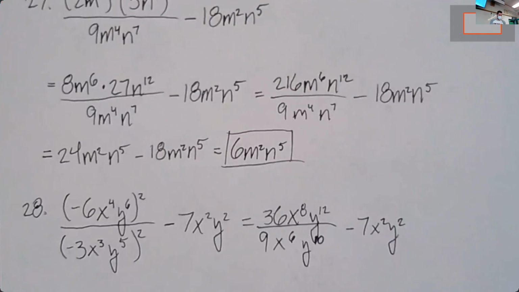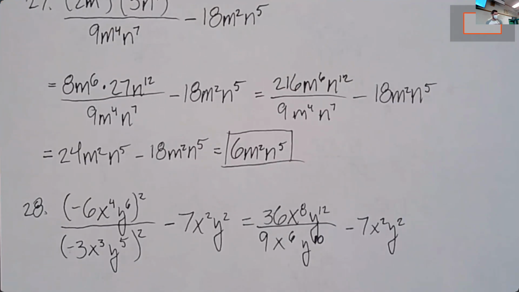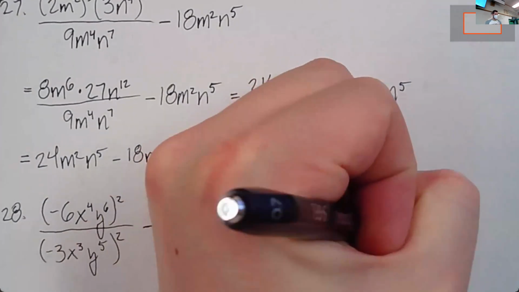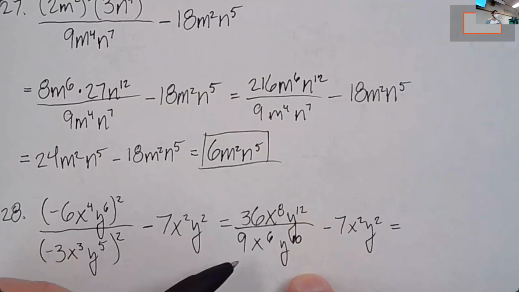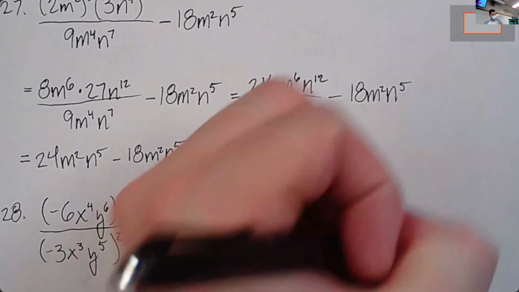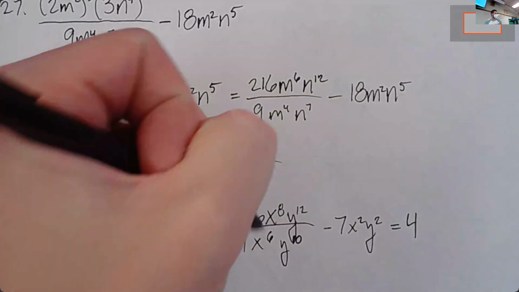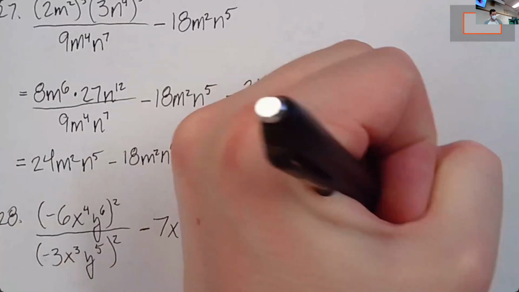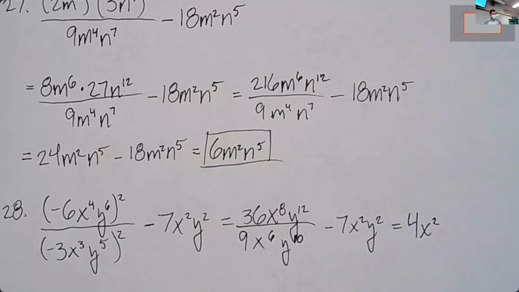All right, this one's going to be a little bit quicker than 27 because we can actually just simplify the fraction part of it now. So what happens when we divide to simplify this fraction? What's 36 divided by 9? 4, yep. And x to the 8th divided by x to the 6th is x to the 2nd, good, subtract those exponents. y to the 12th divided by y to the 10th is y to the 2nd again.